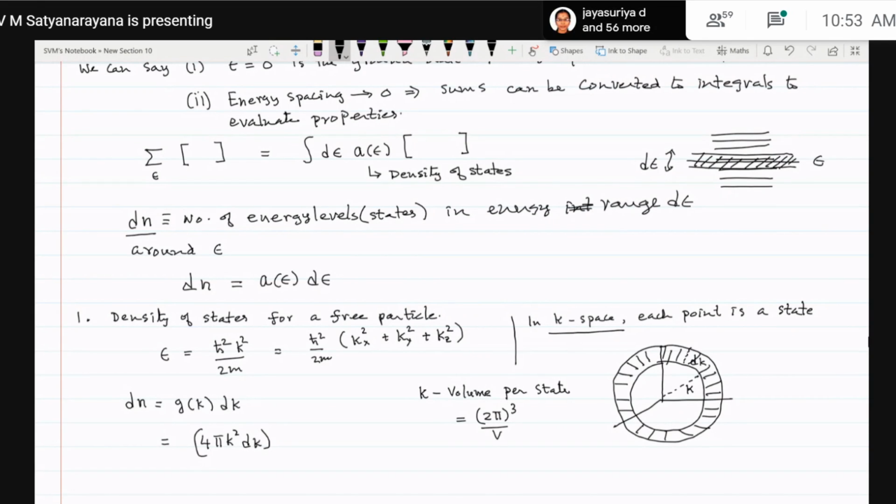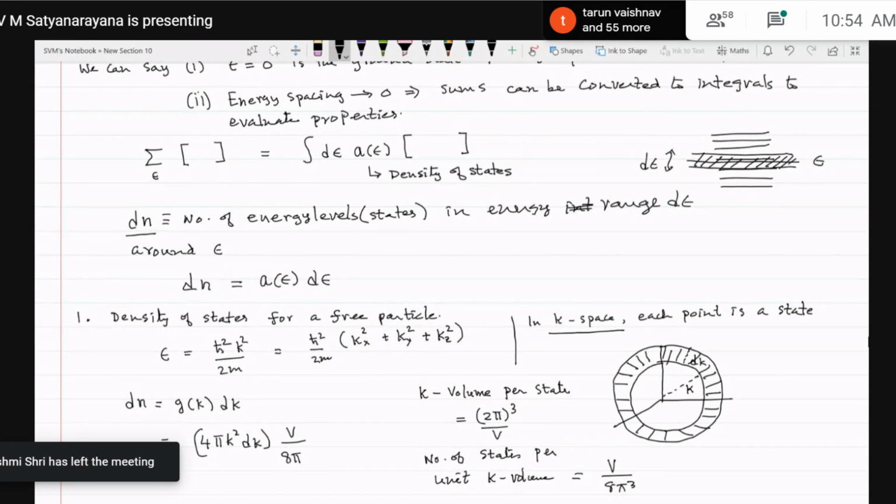Or in other words, the number of states per unit k volume is just the reciprocal of this, L cube by 8 pi cube. So this is the number of states per unit volume. So you have this expression.